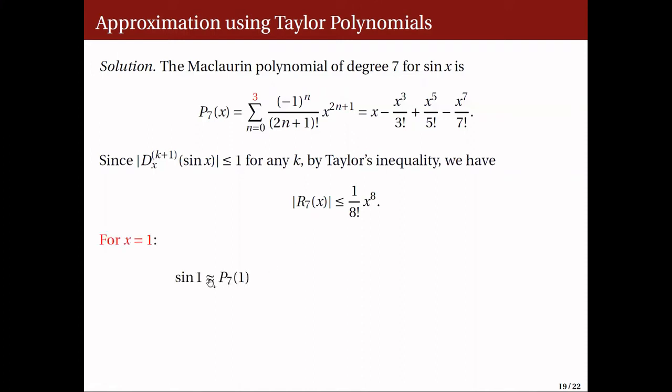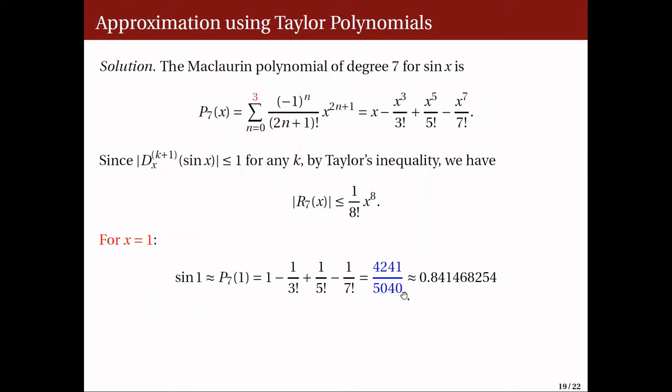For x equals 1, sine 1 is approximately equal to the 7th degree Maclaurin polynomial p sub 7 of 1. This is equal to 1 minus 1 over 3 factorial plus 1 over 5 factorial minus 1 over 7 factorial. You can verify that this is equal to 4,241 over 5,040.